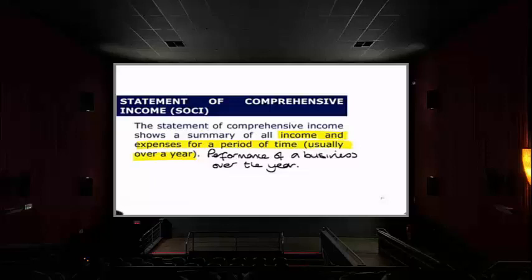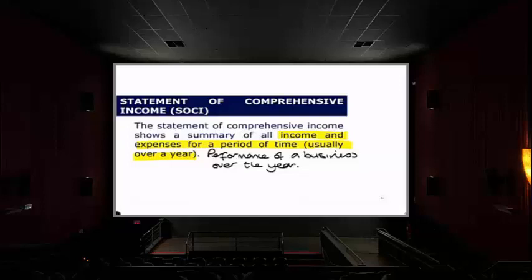I like to think of a statement of comprehensive income as a video recording, like what you're watching now. We're going to record every income and expense that's happened during the year, and then at the end of the year we're going to stop the recording, take the tape out, and summarise what has happened in that recording, and that will be the statement of comprehensive income.